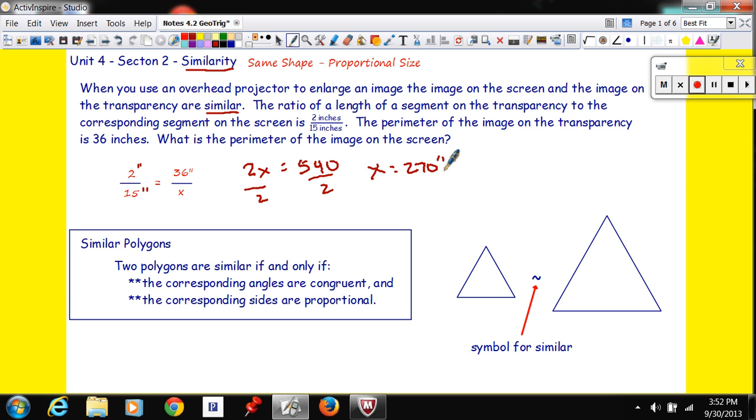So that's 270 inches. You probably wouldn't say that something is 270 inches. You would probably want to change that to feet. So you probably want to divide it by 12. So 270 divided by 12, you get, wait, hold on.